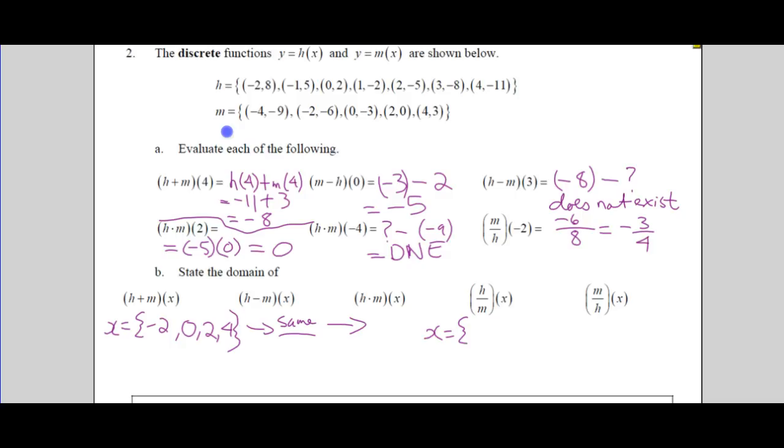But then we say, but what? Look, h of x divided by m of x. m of x can't be 0, so x can't be 2.